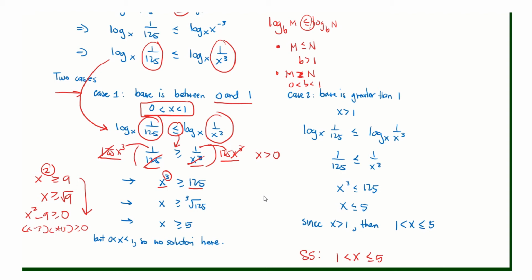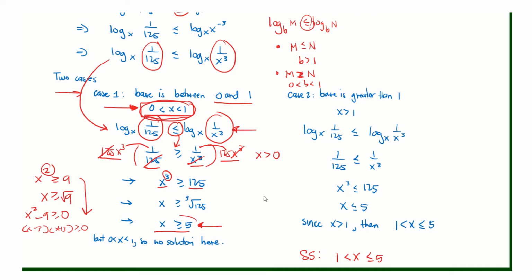Okay, now this is supposedly the solution of the inequality with this condition. It is saying x must be greater than or equal to 5, but the assumption is x must be between 0 and 1.